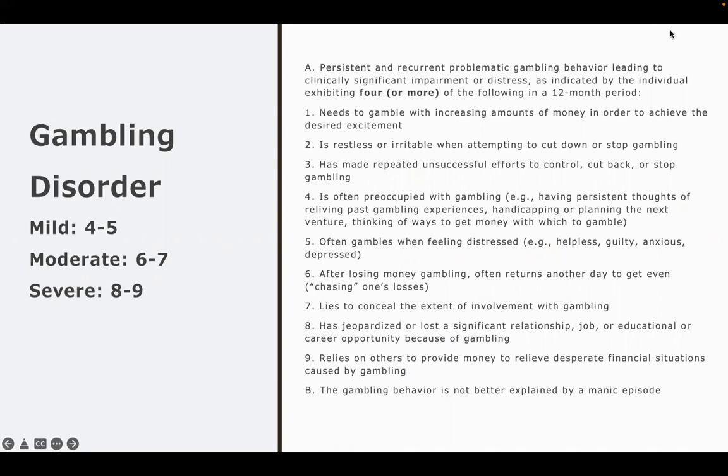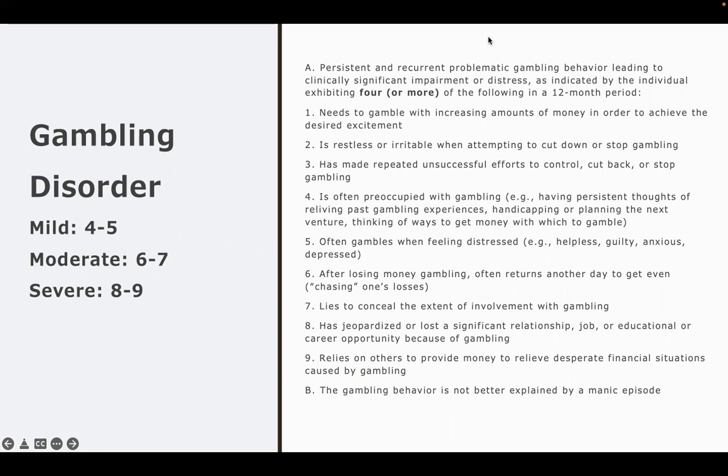There are 9 criteria for it. In order to meet criteria, you have to meet at least 4 of these 9. You would be coded as mild if you met 4 to 5, moderate if the individual met 6 to 7 of the criteria, and severe if they met 8 or 9.